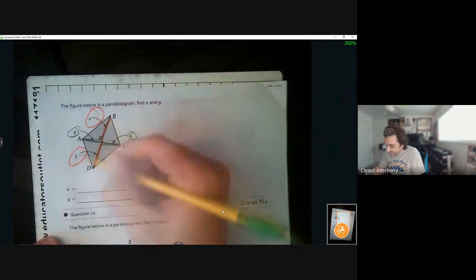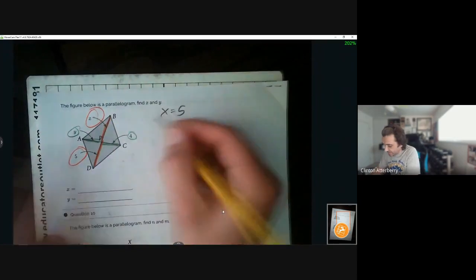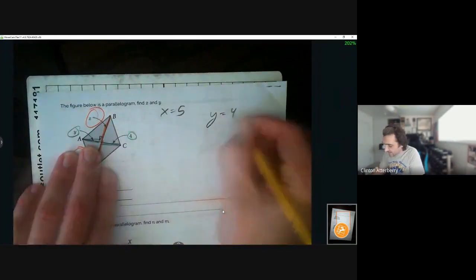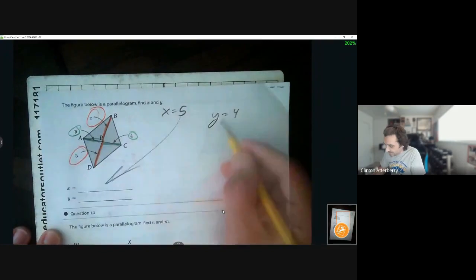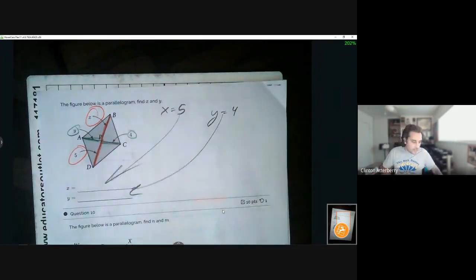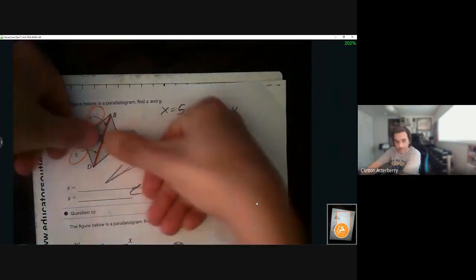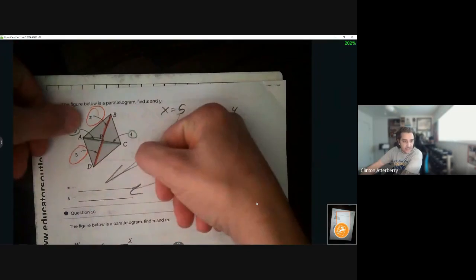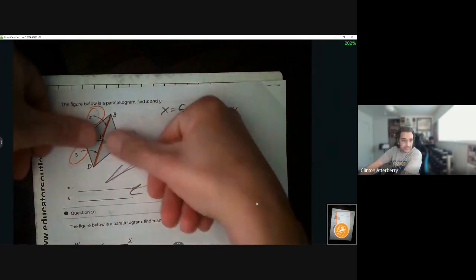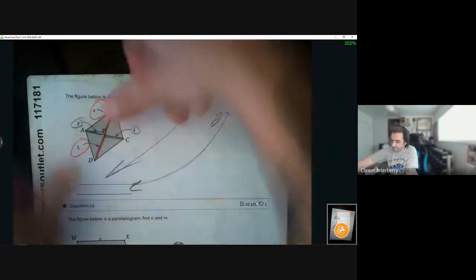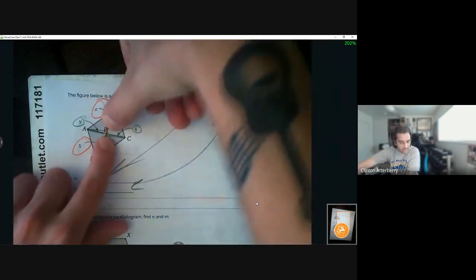So if this was yours, x would equal that, and y would equal that. That's literally it. That should be like a 10-second problem, and I have confidence you will be successful on a problem just like that. The two diagonals intersect in the middle and cut each other in half. It's called a bisector. It cuts it perfectly down the middle.